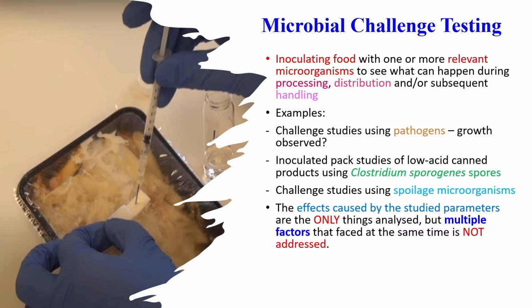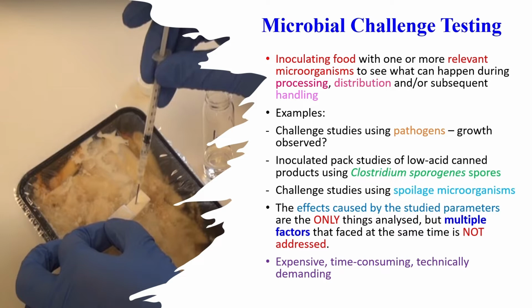So the effects caused by the study parameters only refer to the microbiology. We don't include, let's say, the browning effects, the sensory changes, and other things. This is one of the shortcomings of this method.